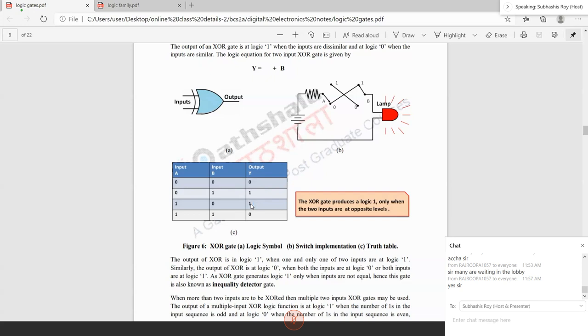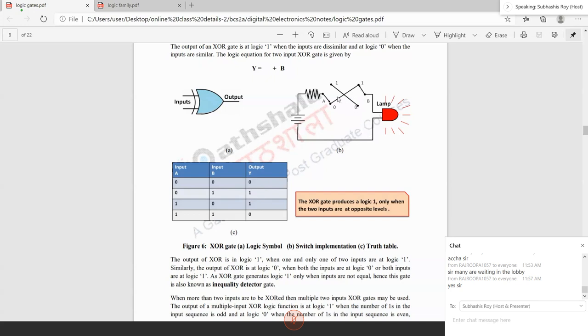So if I make a circuit depending upon this truth table, I can make this kind of circuit. This is a little complicated. You see, the lamp light, the load, is connected to switch 1, and B is connected to switch 1 or switch 0.